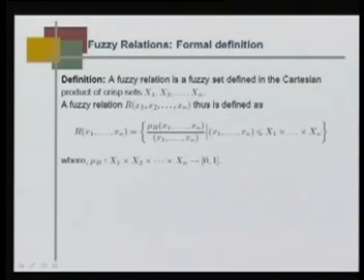Whereas this mu R, the fuzzy membership associated, is a number between 0 and 1.